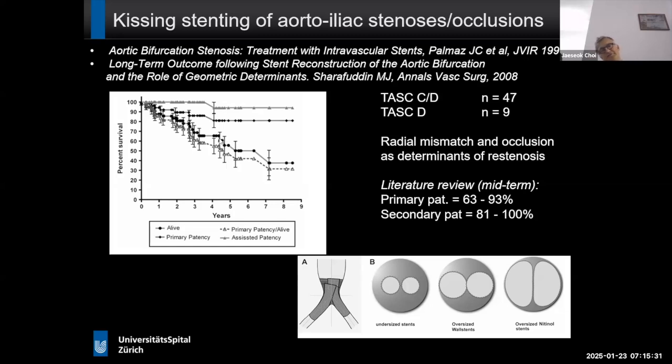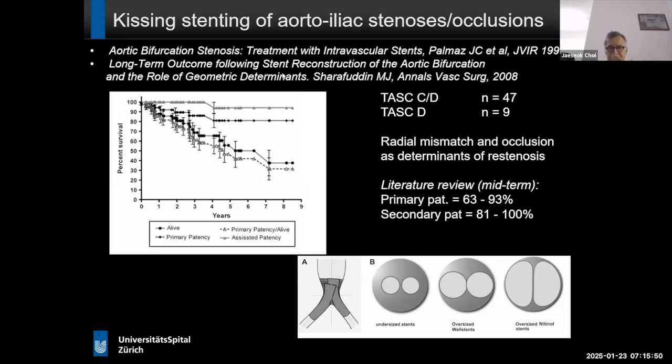So these patients have generally a bad prognosis, but looking at the secondary patency, that means they had to do re-angioplasty, but basically the arteries remained open, it is quite high, about 90%.